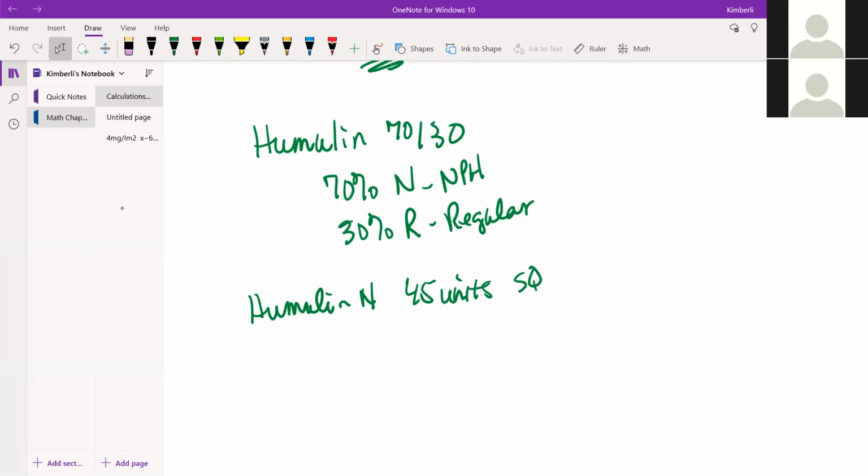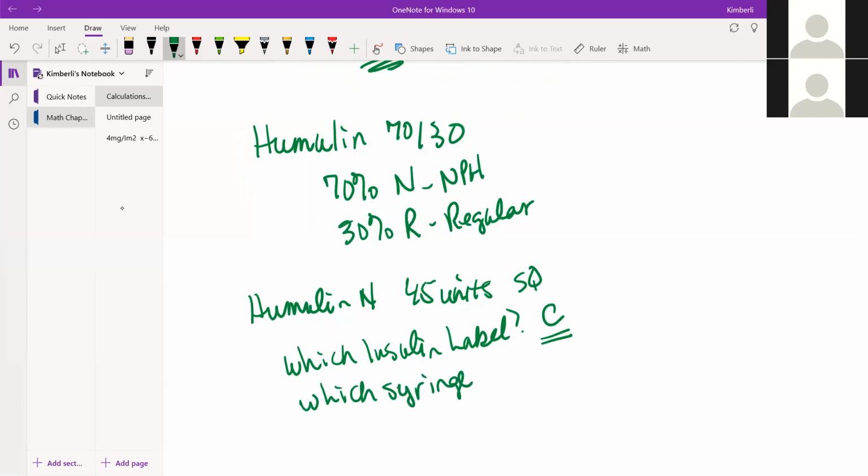So which insulin is this, A, B, C, or D? So up at the top of the page, it says Humulin N, and it shows the label, and that's letter C, exactly.